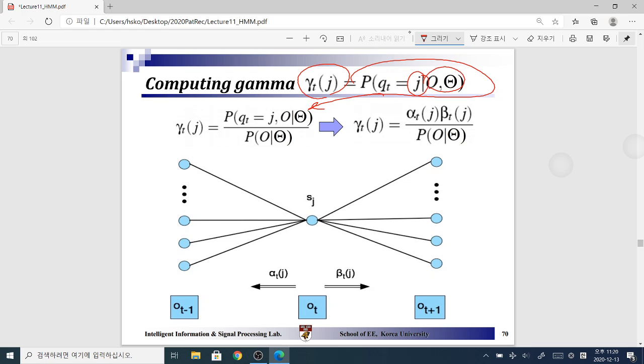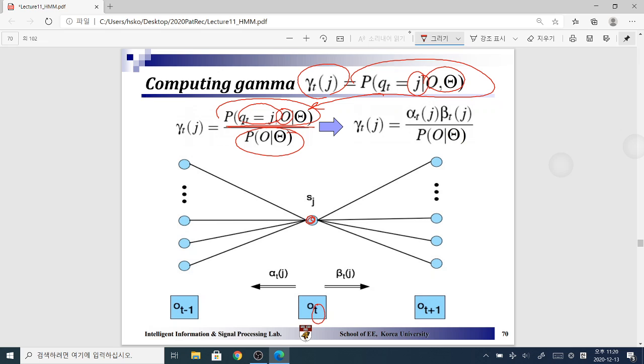This can be re-expressed as the joint probability of the state being at j at time t as well as the observation sequence, and then you divide by the probability of the observation sequence. Now, the numerator, once again, is being at this state j at time t.